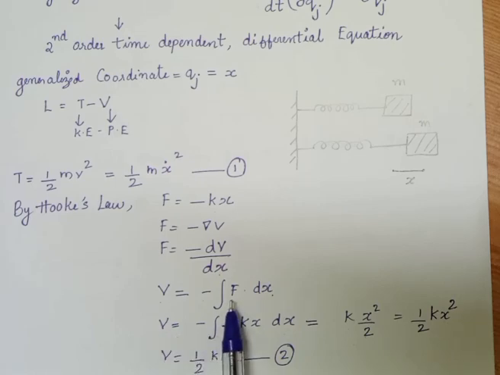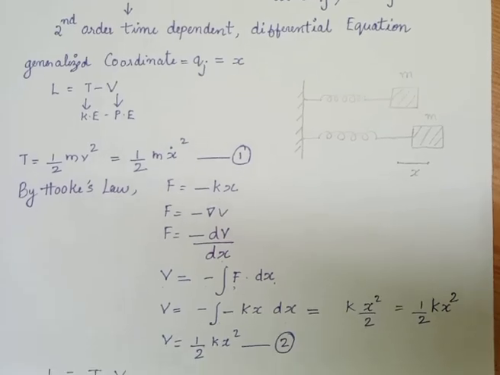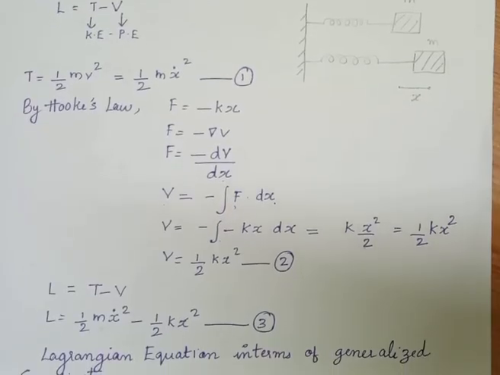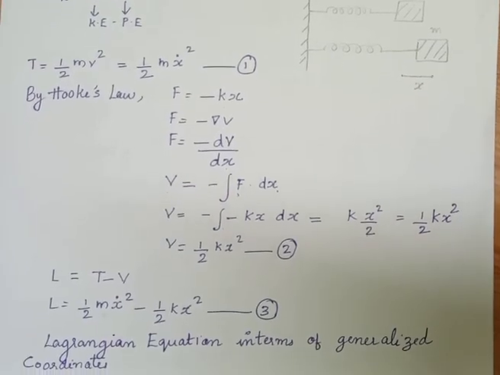Substituting the value of F, that is minus kx, V equals minus integral of minus kx dx, which is kx square by 2, equal to half kx square. The value of V equals half kx square, and this is equation number 2.